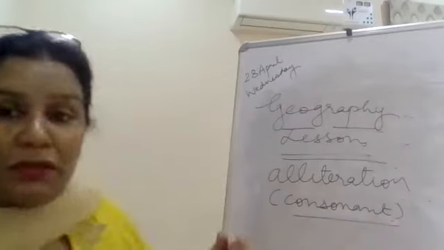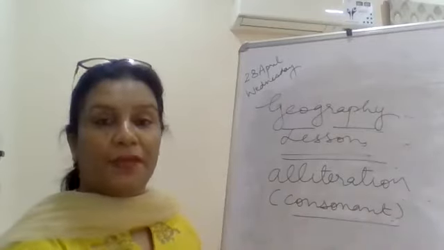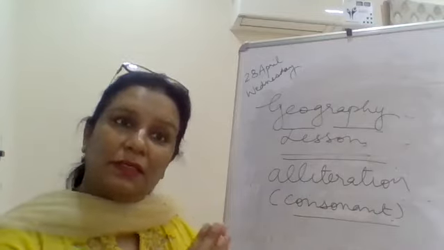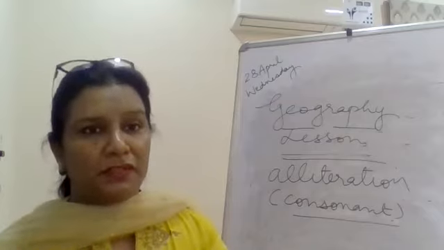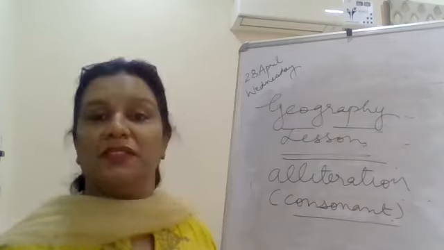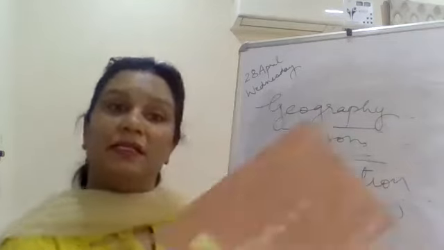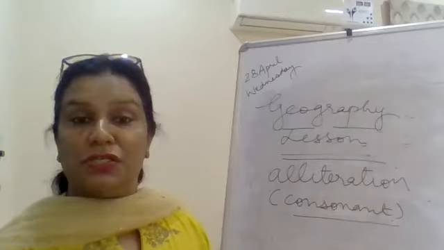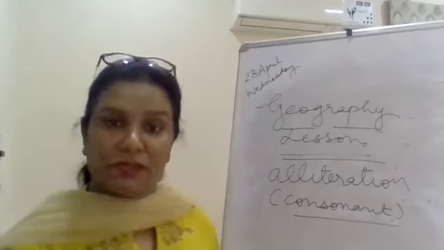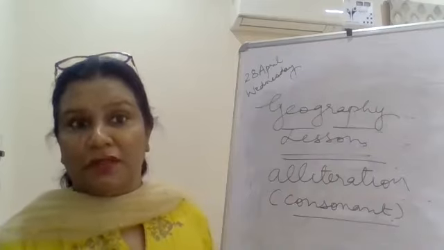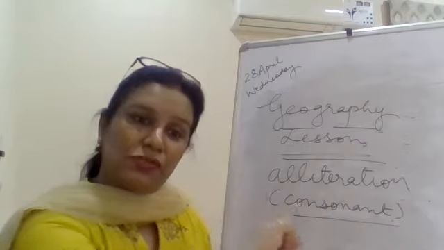We know the vowels A, E, I, O, U. All the alphabets apart from the vowels are consonants. So repetition of a consonant sound is called alliteration. We'll discuss later what the repetition of a vowel sound is called. First of all, we'll just focus on this.